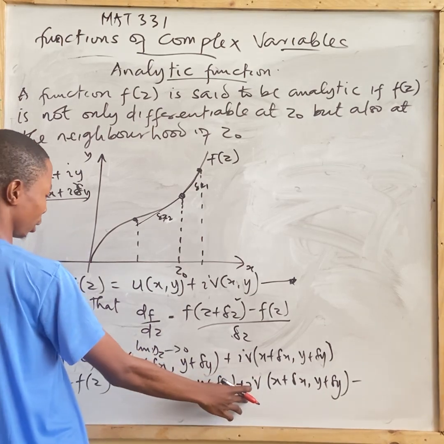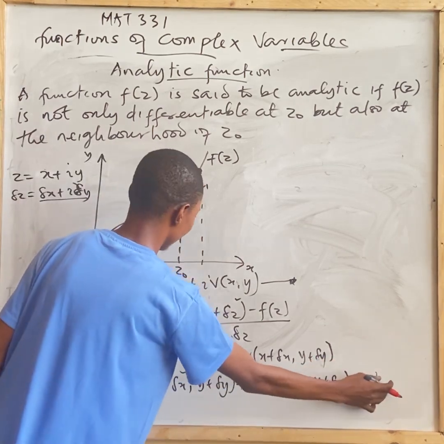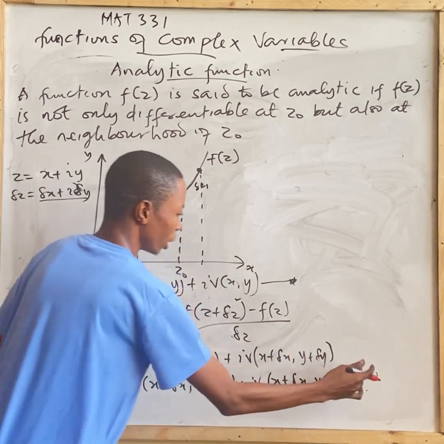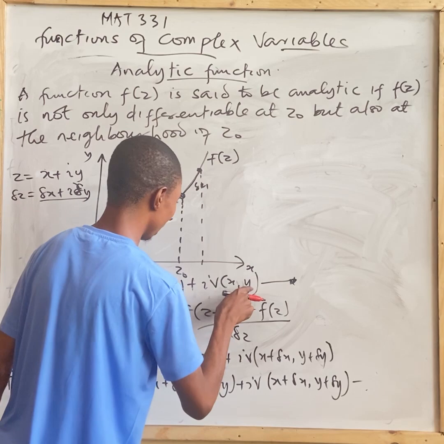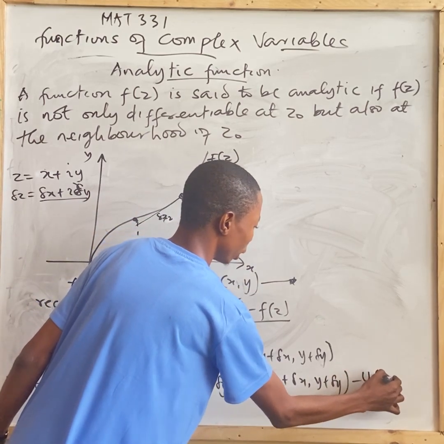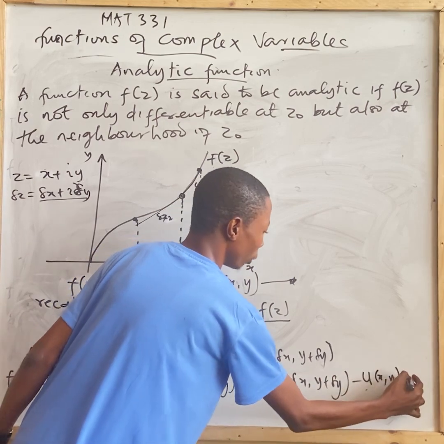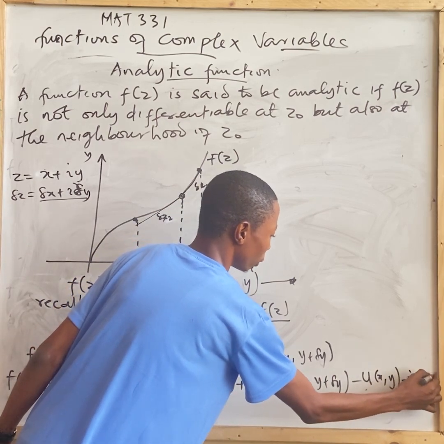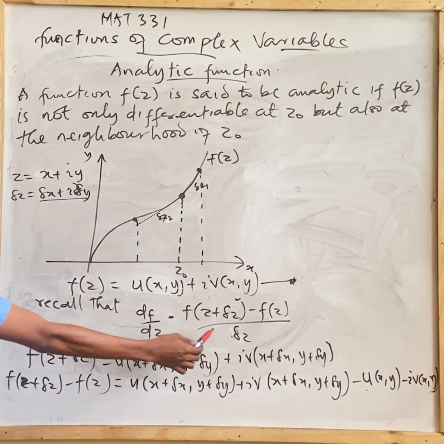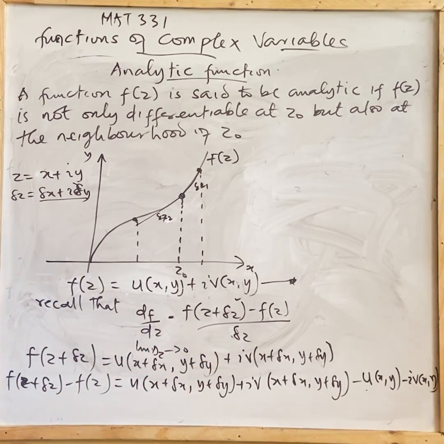On the right hand side, I'm supposed to subtract f of z, but what is my f of z? All this. So I'll say minus everything that is here: minus u(x,y) minus i v(x,y).